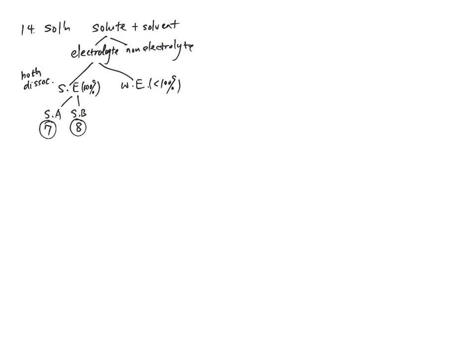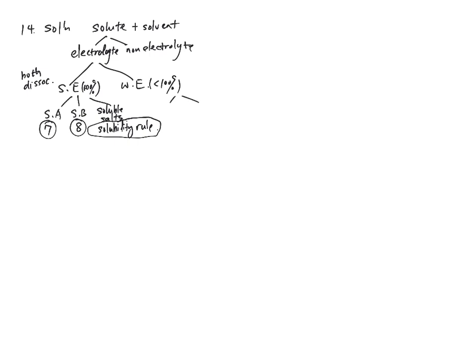So 5 and 3, total of 8, and soluble salts, and that of course goes down to your solubility rules. You've got to be able to judge a given ionic compound, whether it's soluble or insoluble.